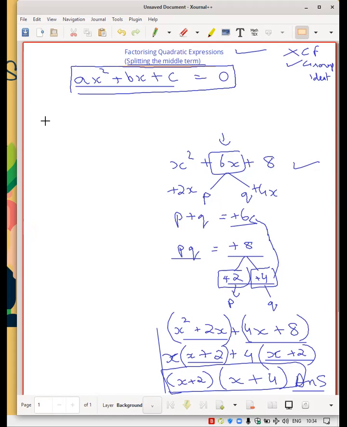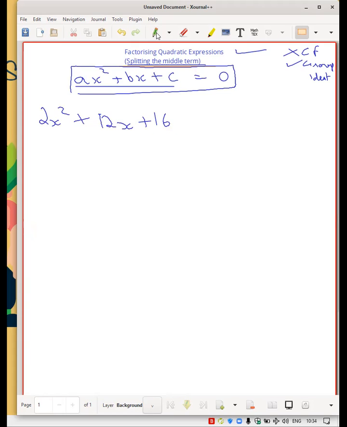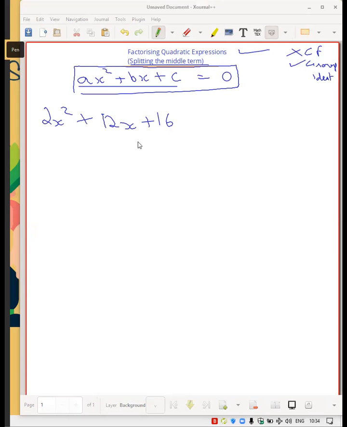Okay, I have another one. 2x squared plus 12x plus 16. Sarah, factorize.